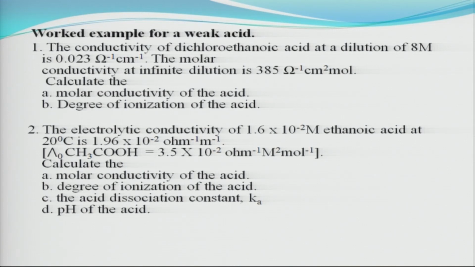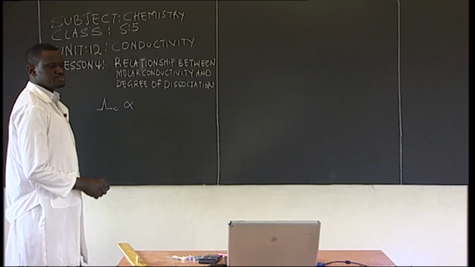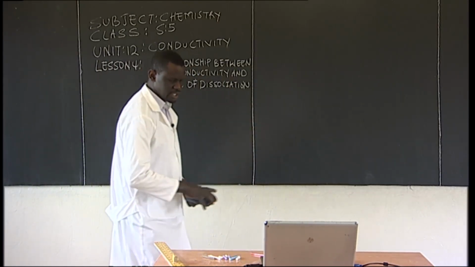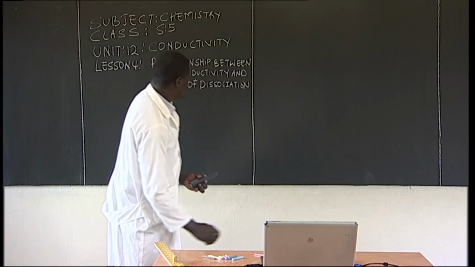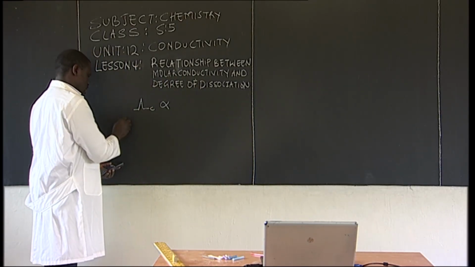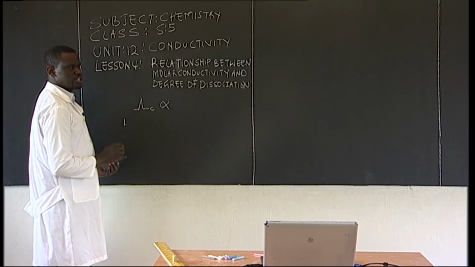If you remember our lesson number 2, let me get my calculator ready because we are going to calculate. We are on worked example number 1, and we are going to do it together.